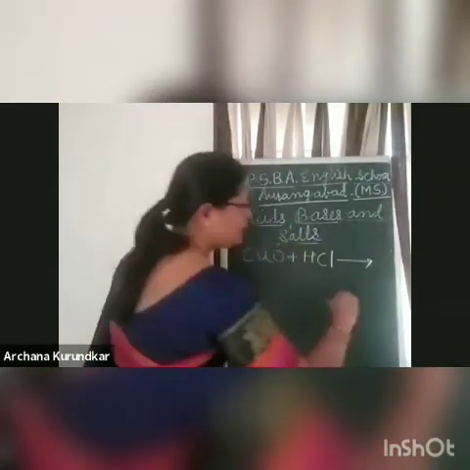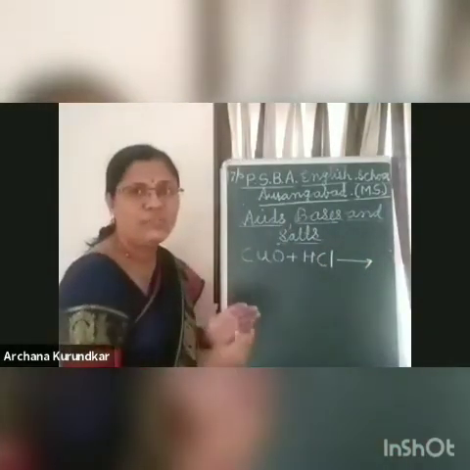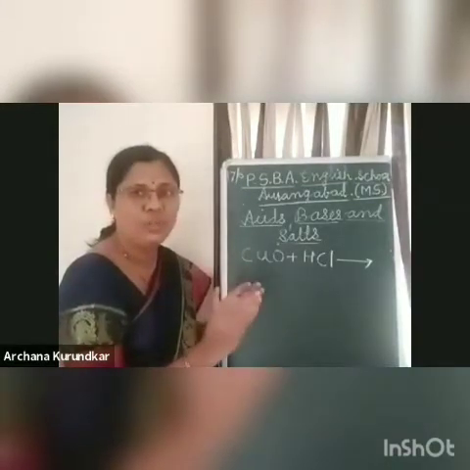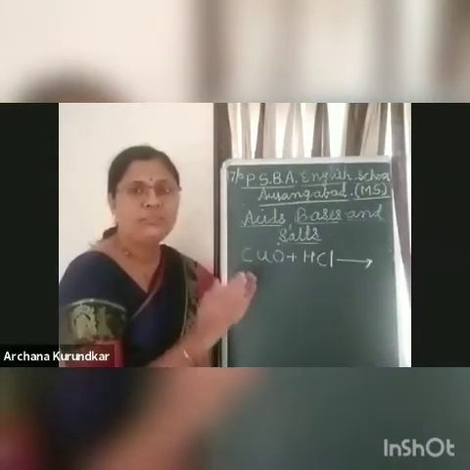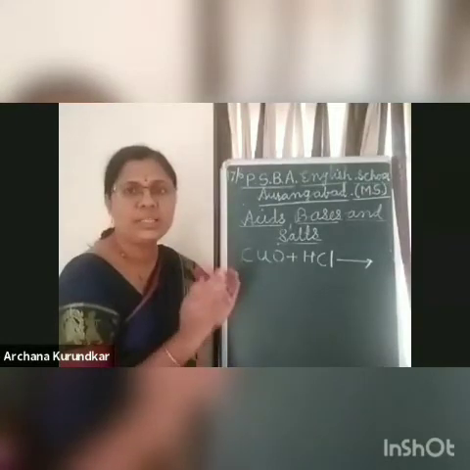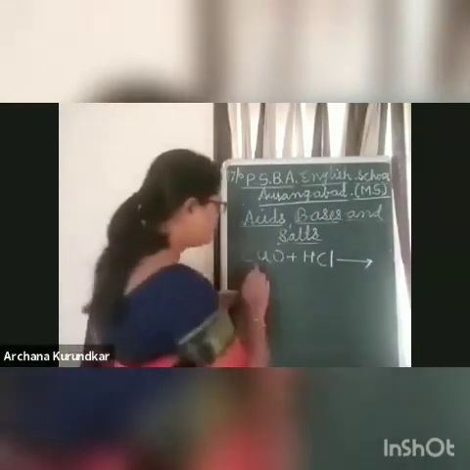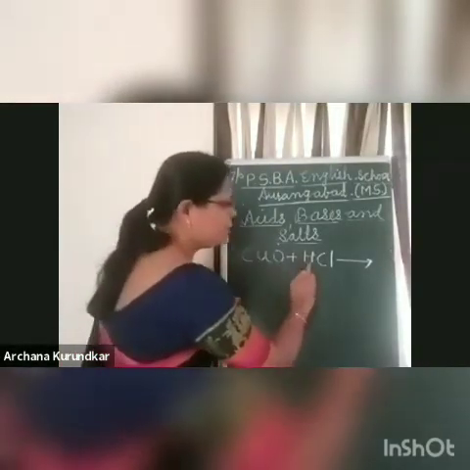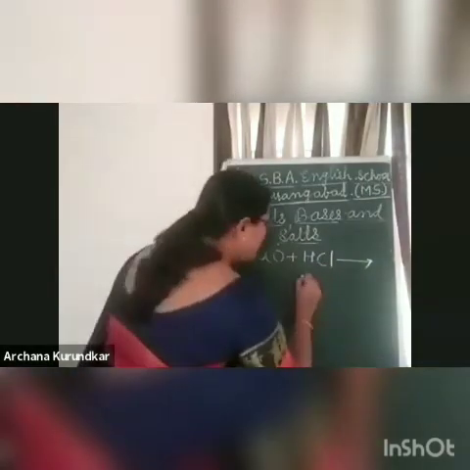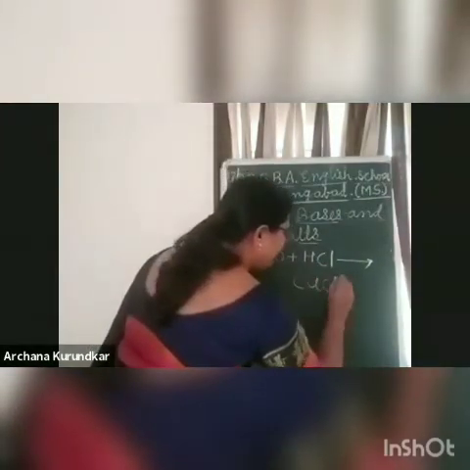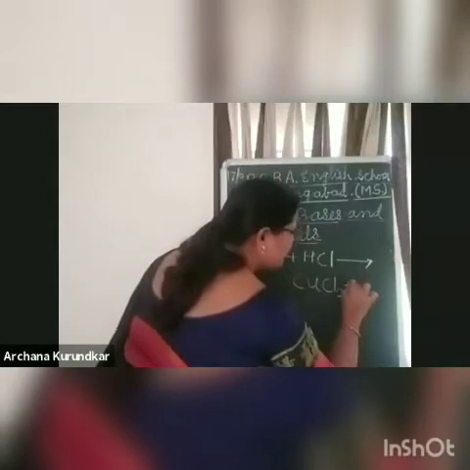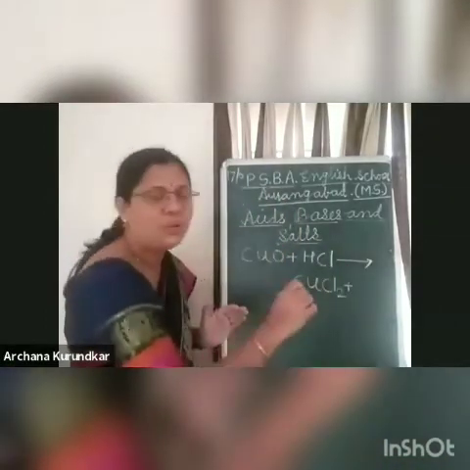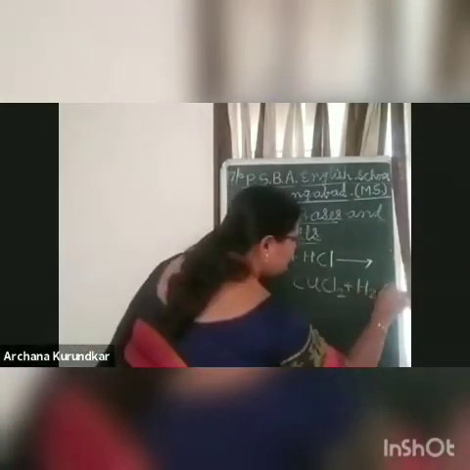I am first writing the products, and then we will balance it, as I have taught you in balancing. First, you should write the basic reaction with the correct chemical formulas. So, CuO, copper oxide, plus hydrochloric acid gives copper chloride plus water.